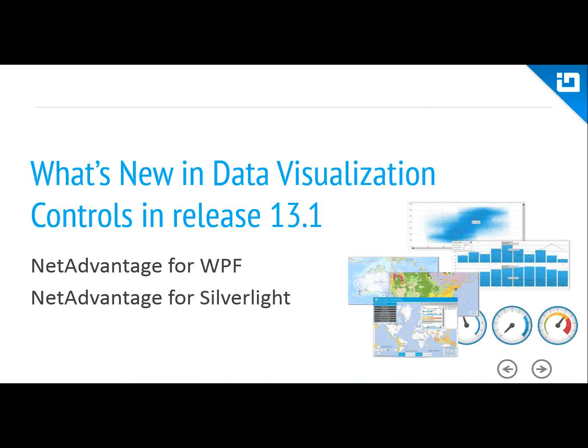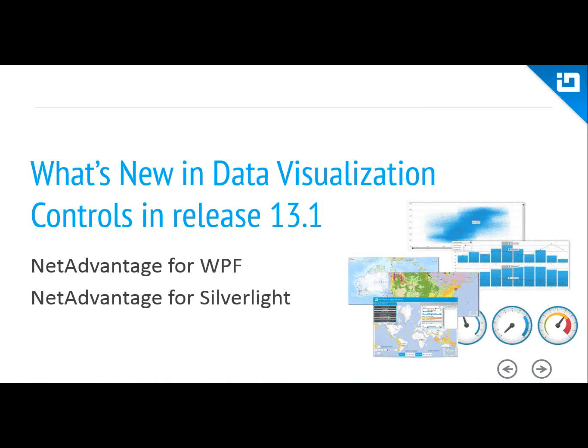Just a reminder also, a year ago we consolidated our WPF and Silverlight controls. We used to have a separate package for WPF controls line of business and WPF controls data visualization. Same thing for Silverlight. So now, as of a year ago, if you own the WPF product, then you get all of the WPF controls, including the DV controls. The same thing goes for Silverlight.